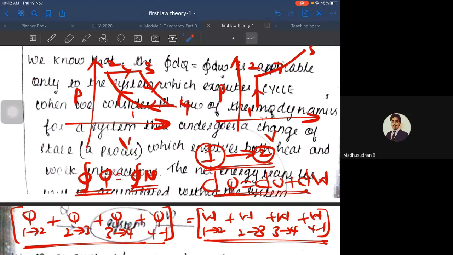Yes, sir. Praveen, dQ equal to cyclic integral of Q, cyclic equal. Repeat.